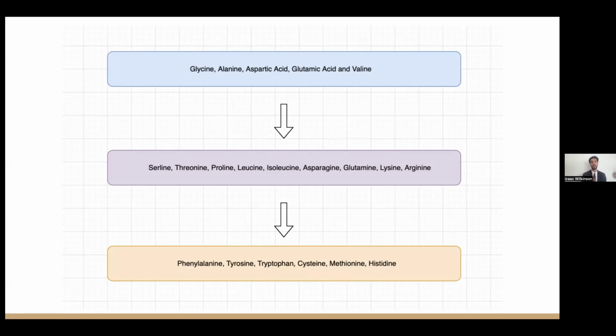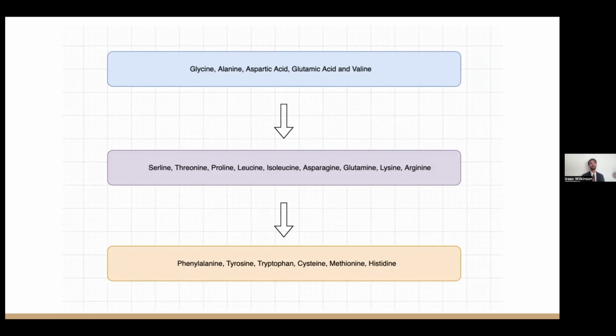But what we're seeing here is glycine, alanine, aspartic acid, glutamic acid, and valine all have very strong stereochemical evidence. But at the same time, each of these can also have evidence showing that they can subdivide and become a different kind of amino acid, which would be things like serine, threonine, proline, leucine, isoleucine, asparagine, glutamine, lysine, and arginine.